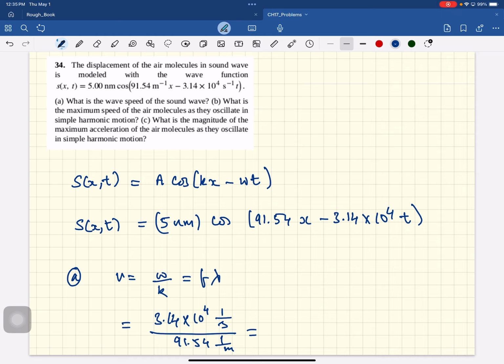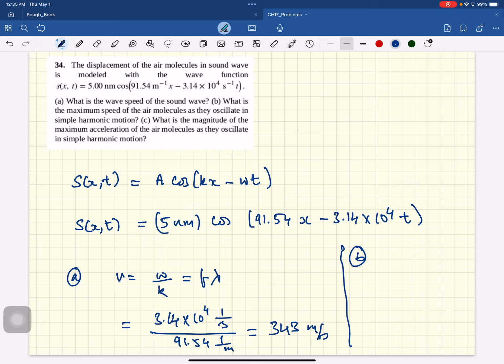That gives 343 meters per second, and that's the speed of sound in air. What is the maximum speed of the air molecules as they oscillate?